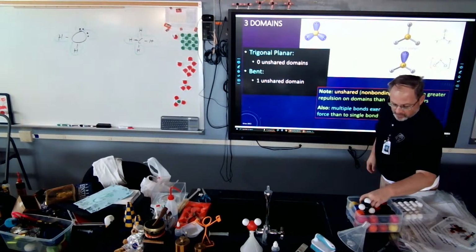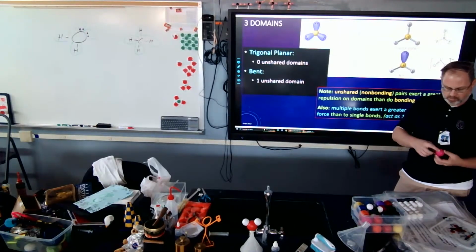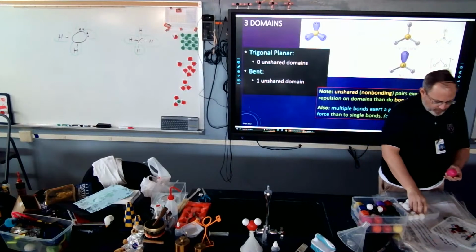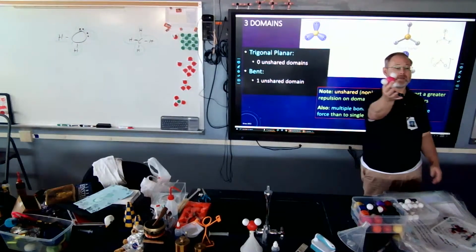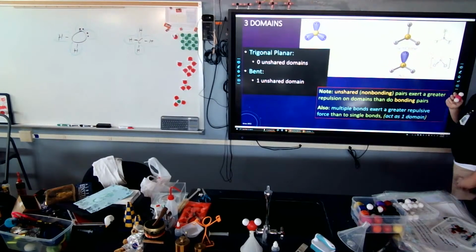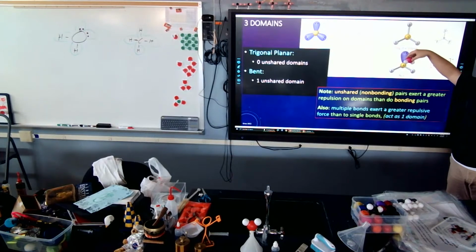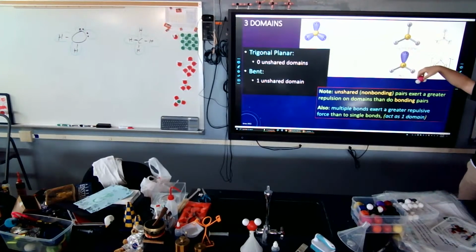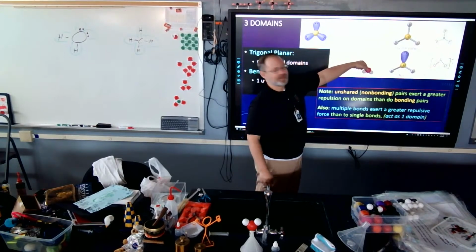If you have 3 domains, and all of those domains are bonding, then your molecular geometry is trigonal planar. If one of those domains is unshared, then your molecular geometry is bent. Just like with tetrahedral. So 3 of 3, trigonal planar; 2 of 3, bent.